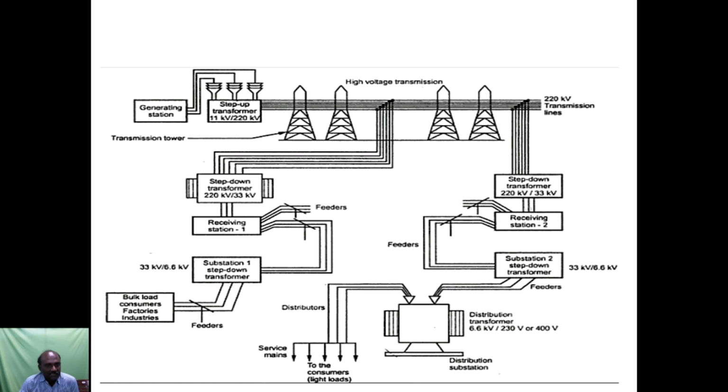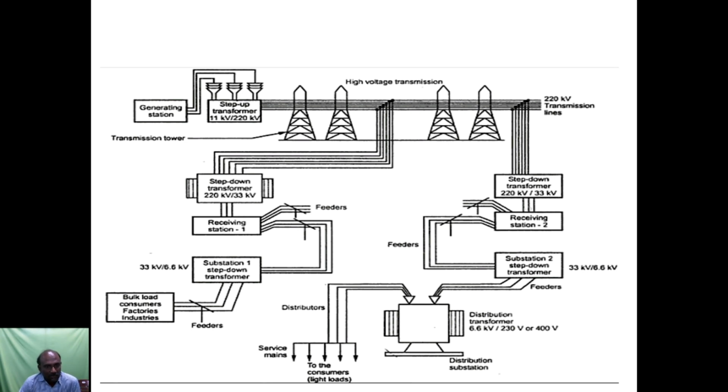The next component is transmission, that is primary transmission. In the transmission, we are going to step up the voltage levels. We have such advantages in stepping up the voltages.